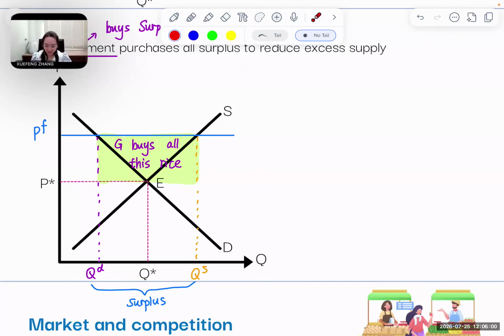All right, trending at point E, no visible imbalance, but the cost didn't disappear. It just moved off the chart and onto the government's books. Thailand's rice pledging scheme in 2013 and 2014 lost over 500 billion baht, one of the biggest policy disasters in Thai economic history. Okay, let me write it down.